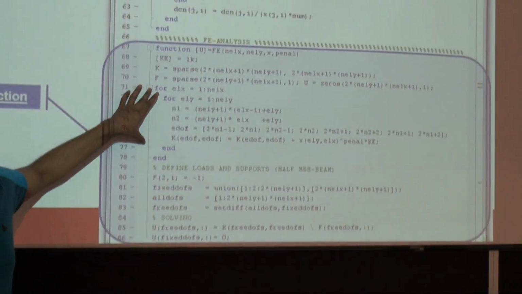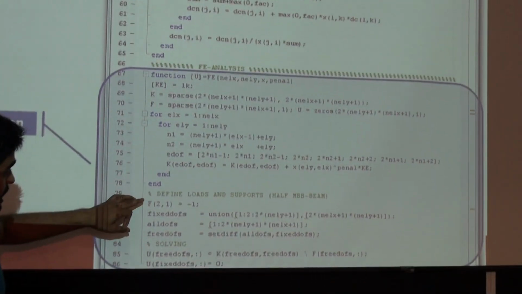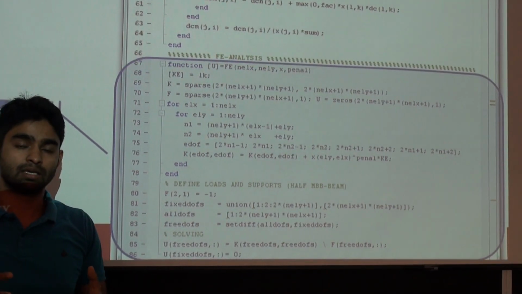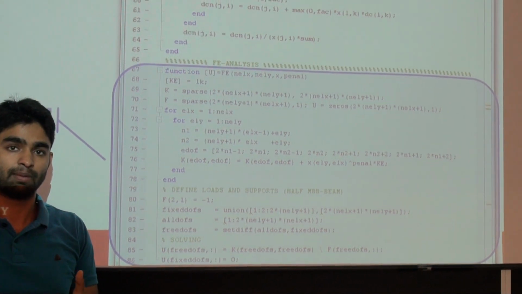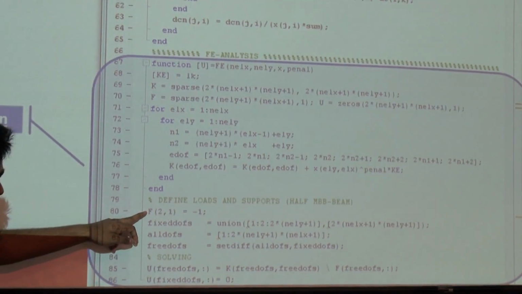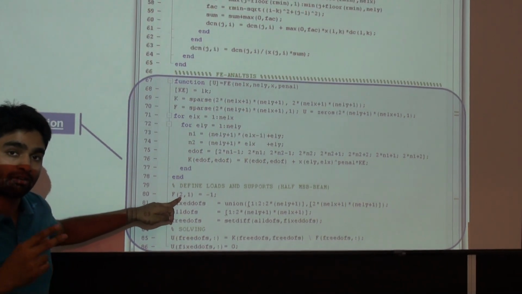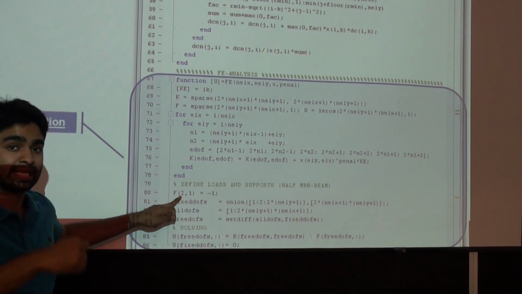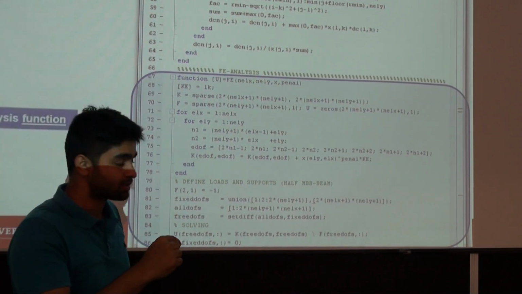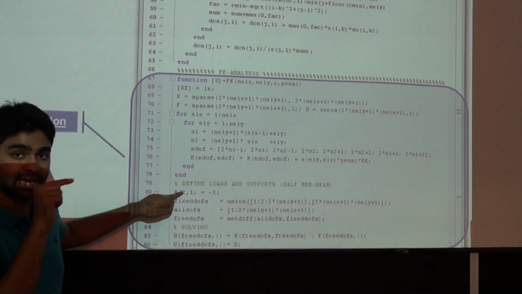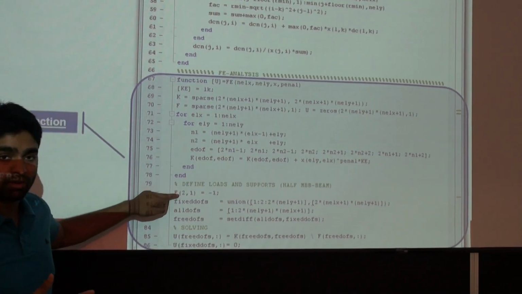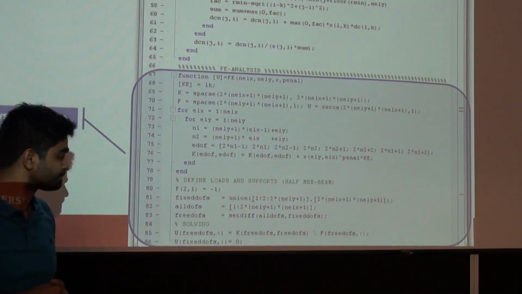We already have our global stiffness matrix. Now we want to define the loading force that we apply. And for this case, we apply the force at first node, but second degree of freedom. So first degree of freedom would be in the x direction. The second degree of freedom would be in the y direction.